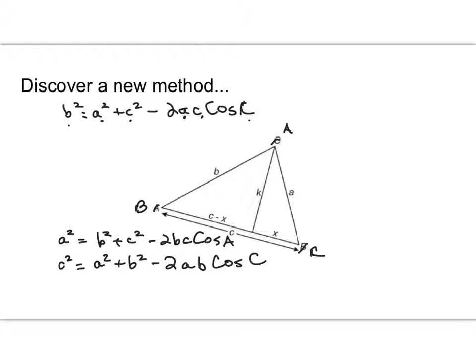Oh crap, I think I said that before. That means up here it's the cosine of b. A classic Hazelton mistake. But those are your three formulas for the law of cosines.